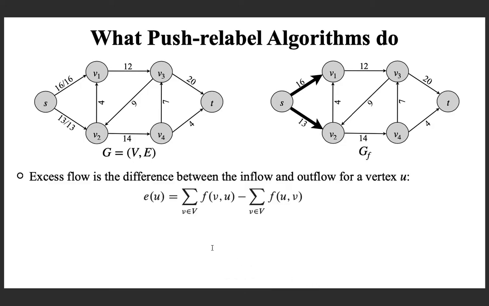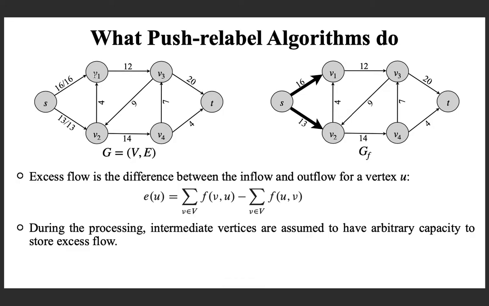Now you know that at every vertex there can be some excess flow, that is the total flow reaching there minus the total flow leaving that vertex, which is what is called the excess flow at a vertex. For example, here the excess flow, the E value of V2, is 13 and the E value of V1 is 16, and during the processing, intermediate vertices are assumed to have arbitrary capacity to store excess flow.